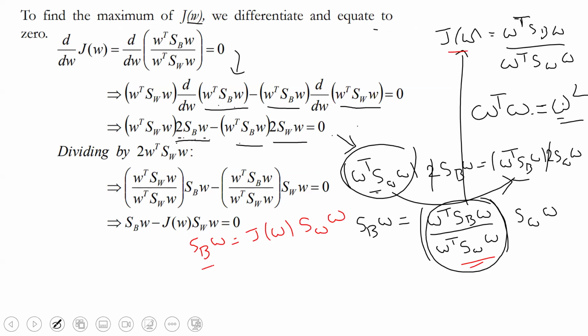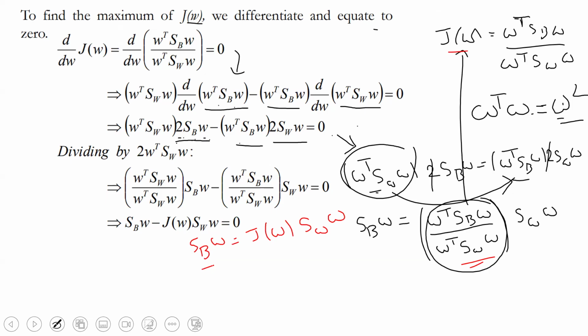Now, what is SB? What is the name of SB? SB is the between class scatter matrix. SW is the within class scatter matrix.